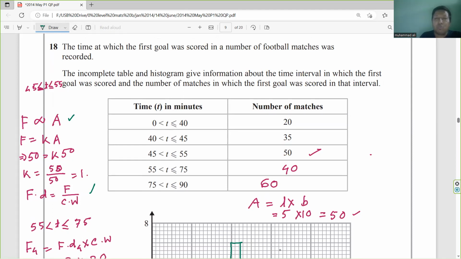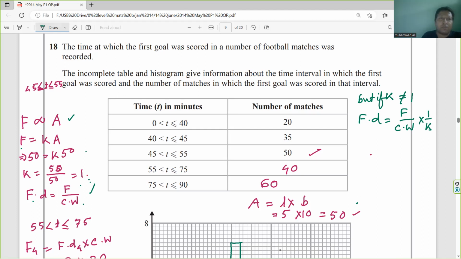Find an interval where you have both the frequency and the histogram bar, find its area, and from the frequency and area find the value of k. If k equals 1, frequency density equals frequency divided by class width. But if k is not 1, frequency density equals frequency divided by class width, multiplied by 1 over k.